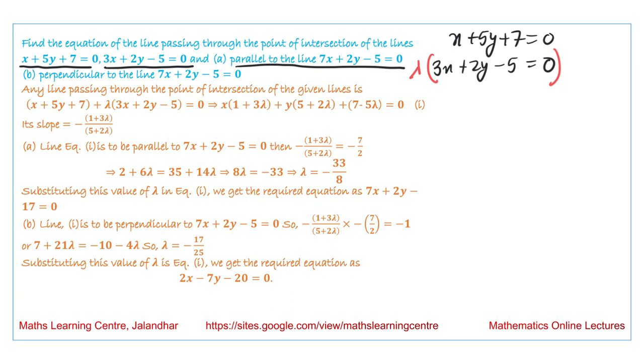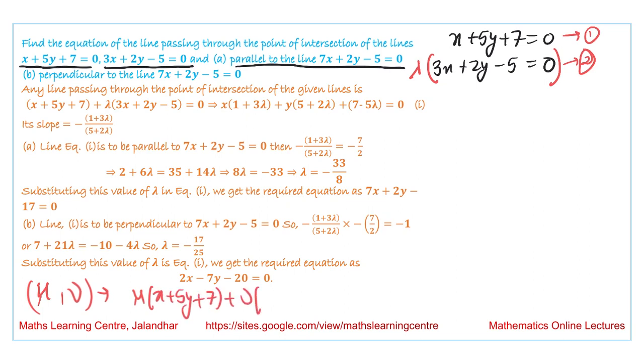Why we are multiplying with lambda is that we have to solve these two equations. Suppose this is equation number 1 and this is equation number 2. To calculate the point of intersection, we multiply the first equation with some constant mu and the second equation with some constant nu. Then the equation we write is mu times x plus 5y plus 7 plus nu times 3x plus 2y minus 5 is equal to 0.